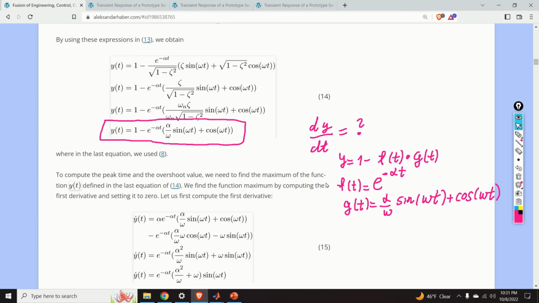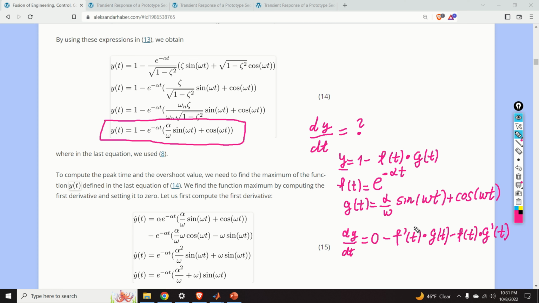Now, let us see what the first derivative of y is. Basically, the first derivative of y with respect to time is 0, since this term is equal to 0, minus f prime of t multiplying g of t minus f of t multiplying g prime of t.